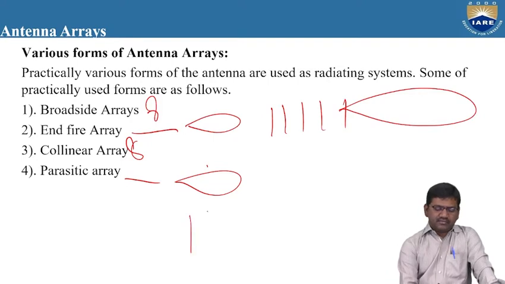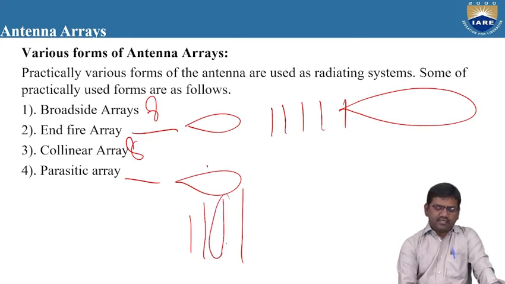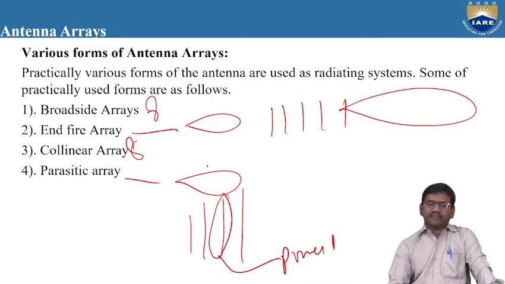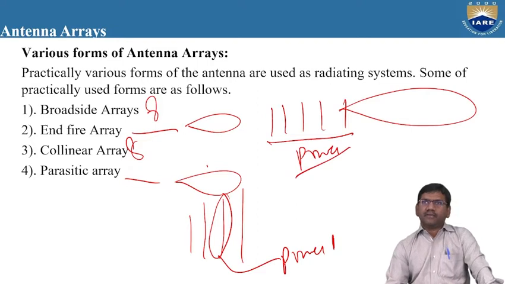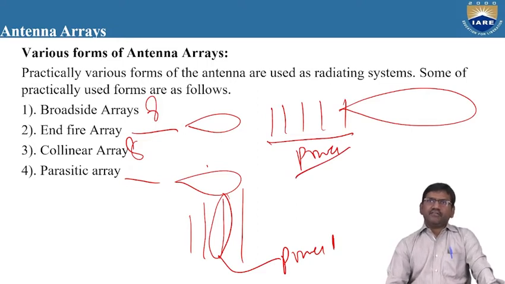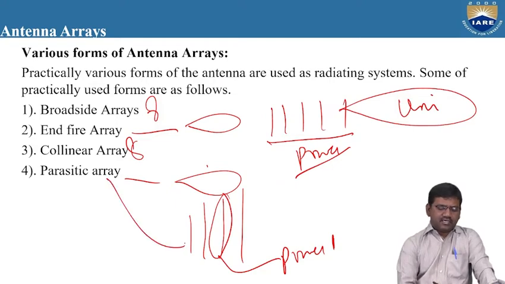Here also the same thing, the parasitic array also. The only thing is, here we are going to give power only to one element. Here all the elements are given power. The directivity will be unidirectional in the end-fire array. In the parasitic array, it is also unidirectional.